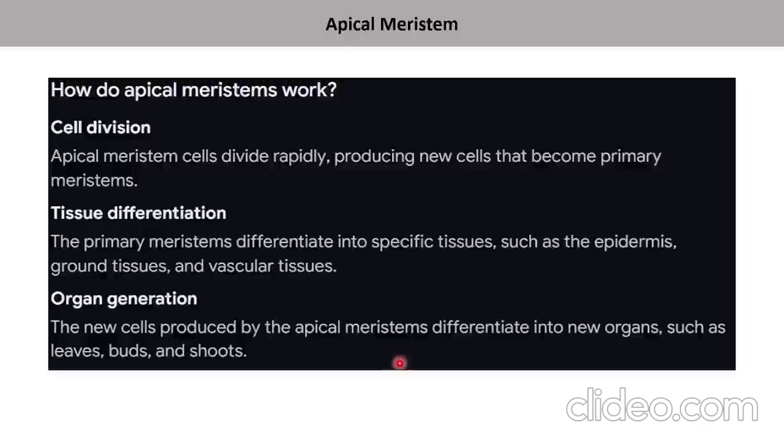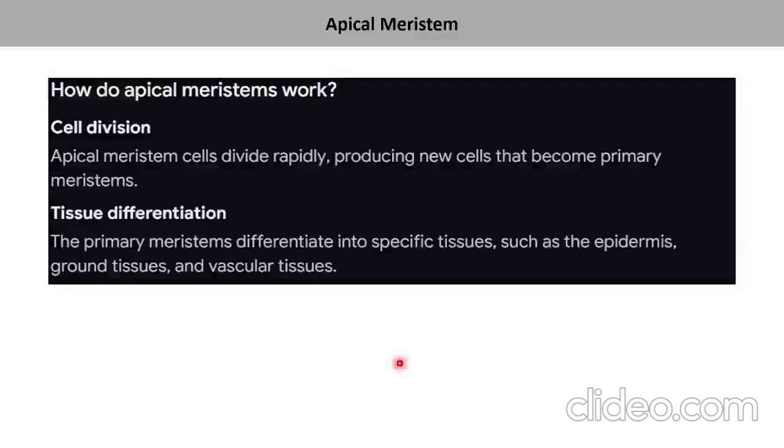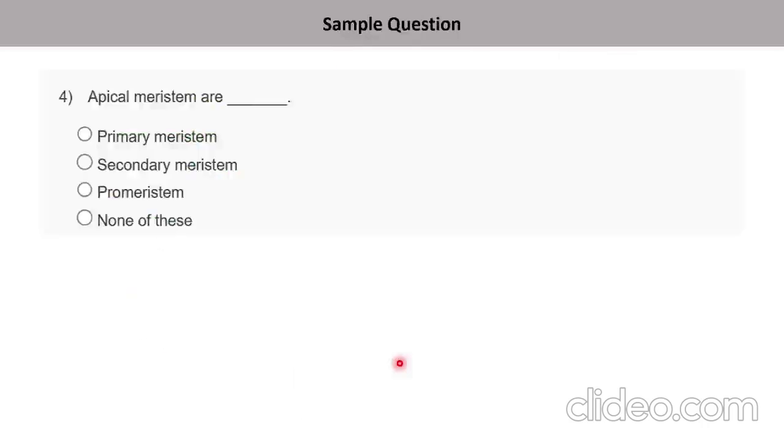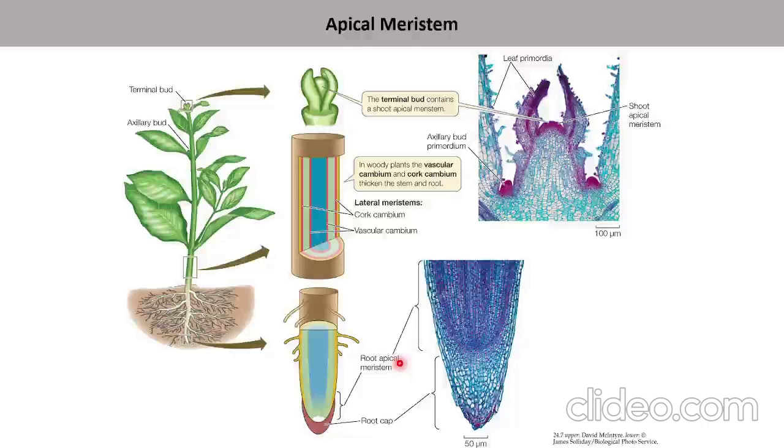This is the basic information which will help us give the answer. So the question still remains, how is it called a primary meristem and secondary meristem? To answer that question, primary meristem is nothing but those kinds of meristems which will generate the first generation cells.